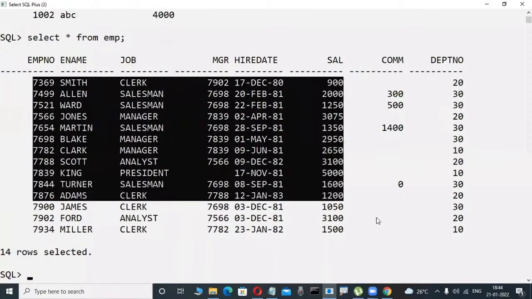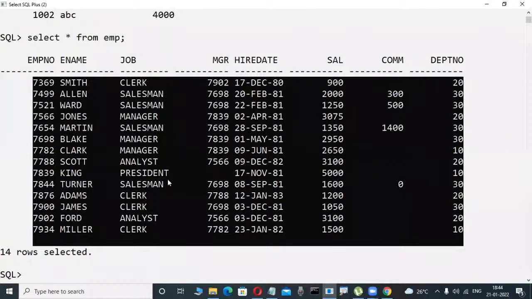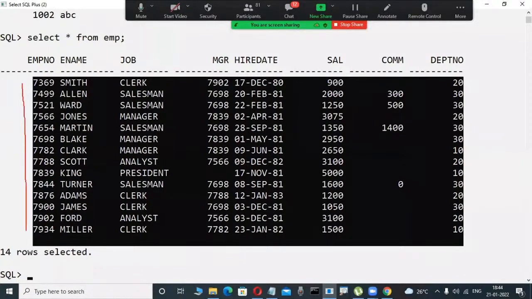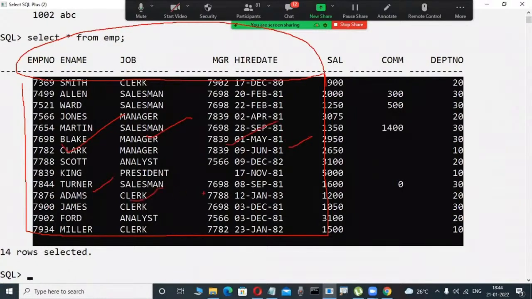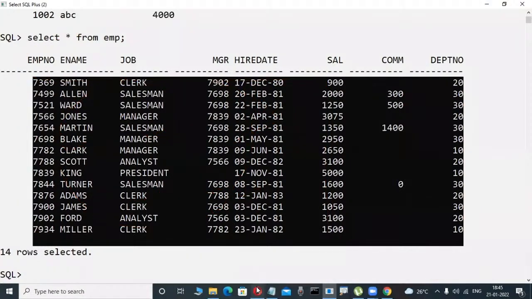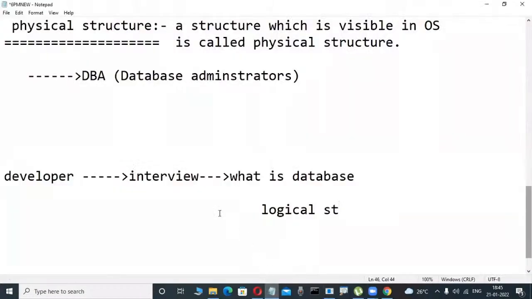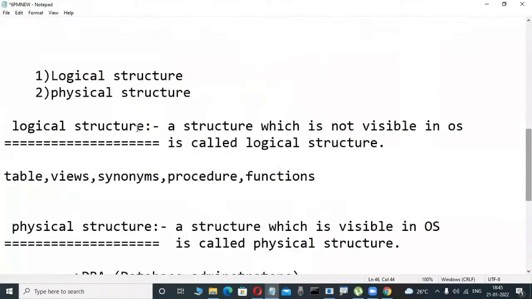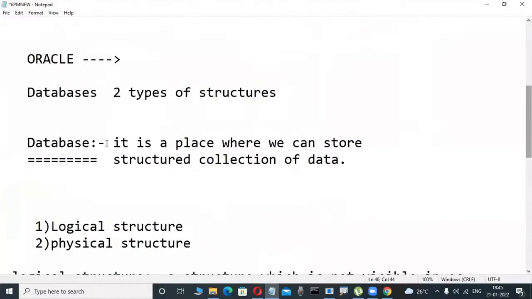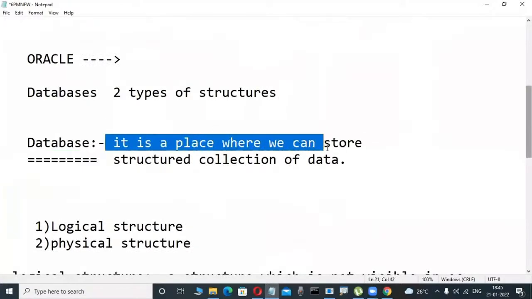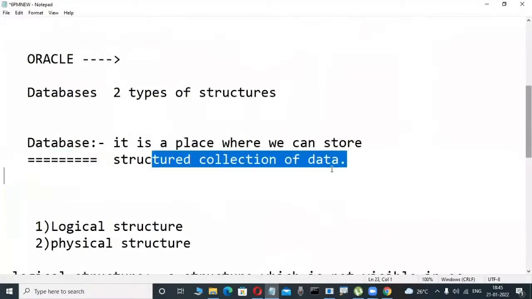This is the logical side we are talking about, because tables, views, procedures, functions, triggers are what developers know well. A database is a place that stores a structured collection of data, because we are learning the relational database logical side. In books, or when we type what is a database in Google, two definitions are there, but most developers write that it is a place where we can store a structured collection of data.